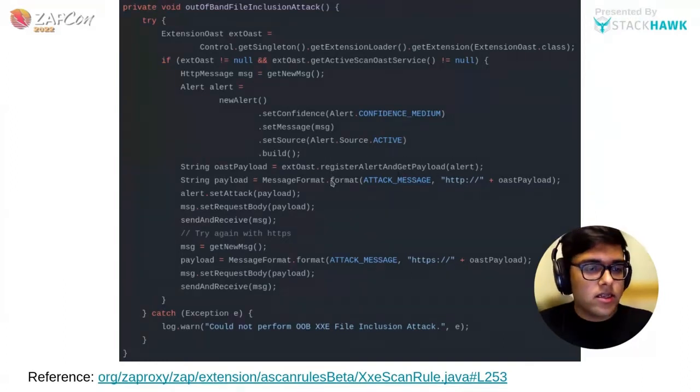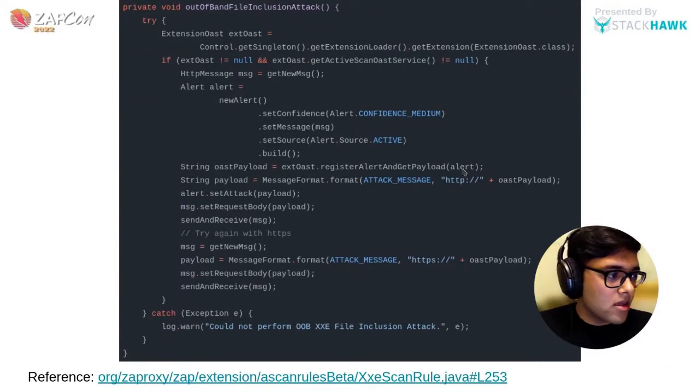When we register the alert, we get a payload back, and we use that payload to construct malicious requests that we send to the target. The payload that this method returns will be generated using the active scan service that you selected earlier. And that's all you have to do.